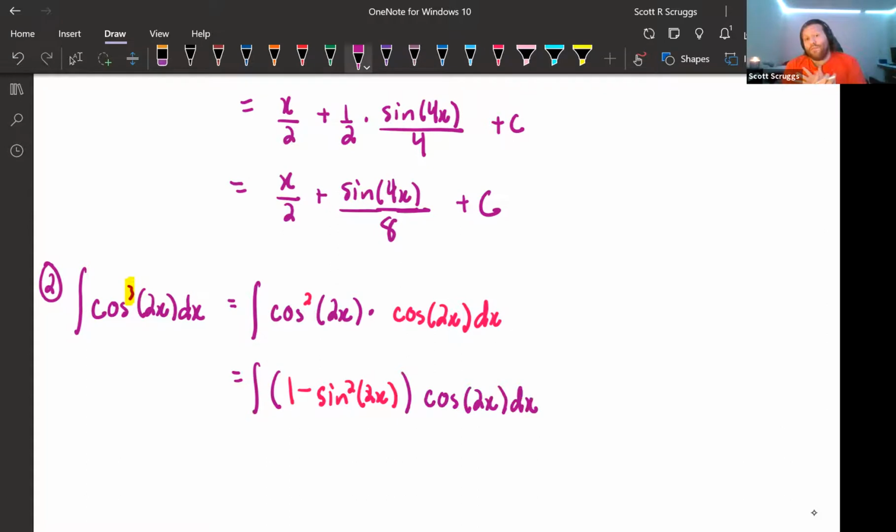Giving me now 1 minus sine squared of 2x times cosine of 2x dx. And now with that, I am ready to begin to u sub for this particular integral.